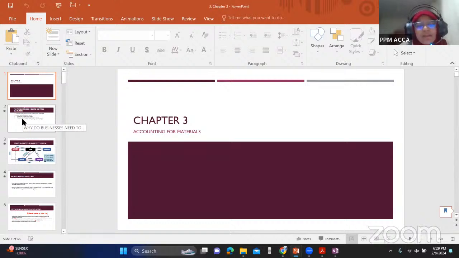Okay. So first, let's understand why we give so much weightage to materials. Why are we asking so many questions? It's at the very beginning of the syllabus, so why are we giving so much importance to accounting for materials? The reason is this. If you think of traditional manufacturing, I'm not talking about a business like an online tutoring company.